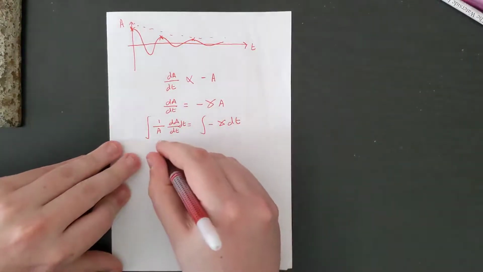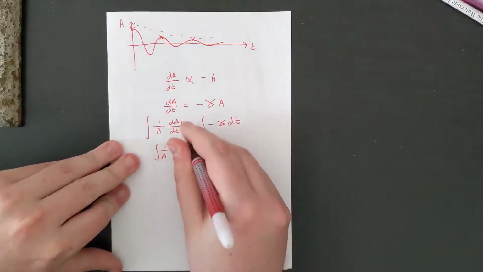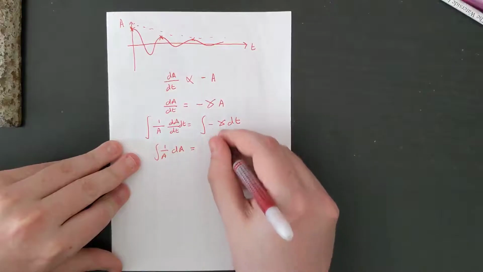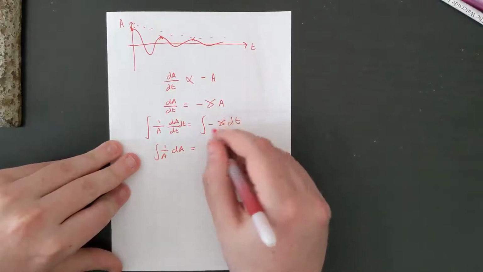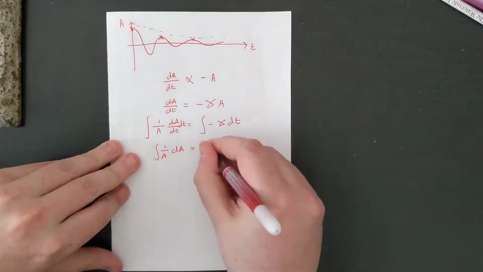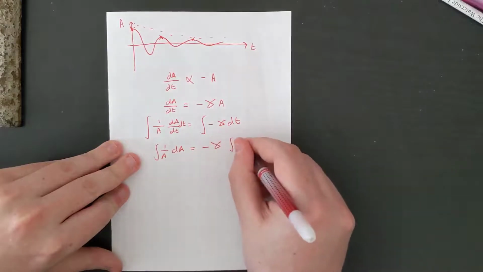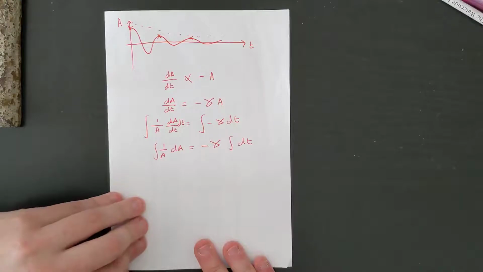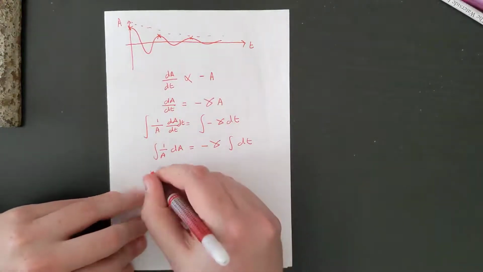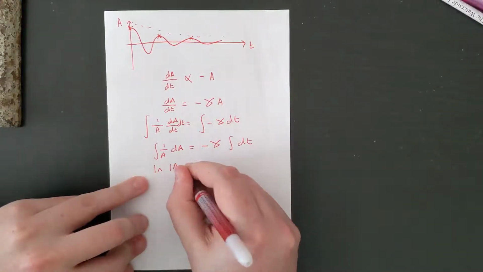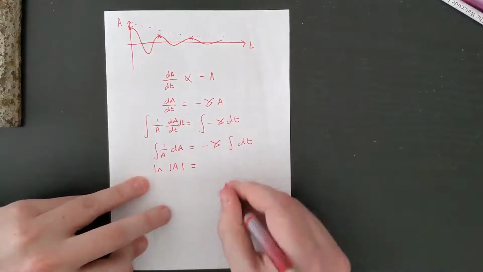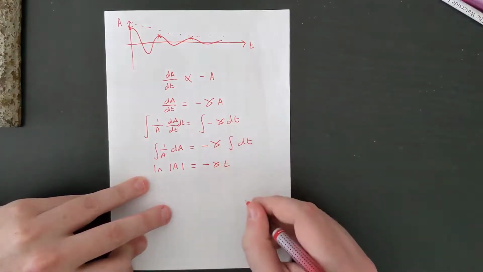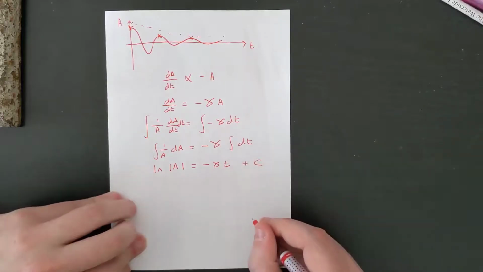So I have the integral of 1 over A dA/dt times dt, it's just dA, is equal to, and then minus gamma. Gamma is just a constant of proportionality, so I can take that out of my integral. So I get left with minus gamma times the integral of dt. I integrate 1 over A with respect to A to get natural log A, which is equal to minus gamma times the integral of 1 dt, which is just t, and then plus c.